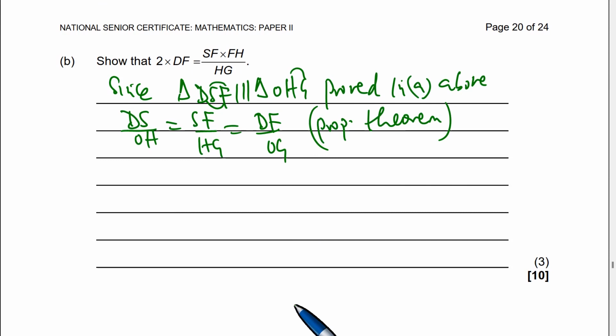If this is true, we're interested in proving that result. So we're going to consider DF and OG together with the SF part: DF over OG is SF over HG.